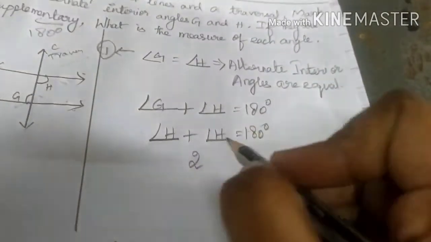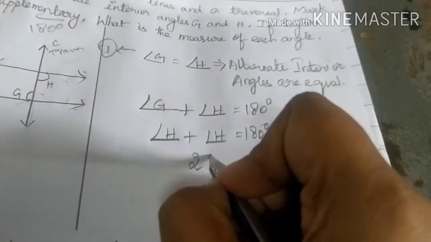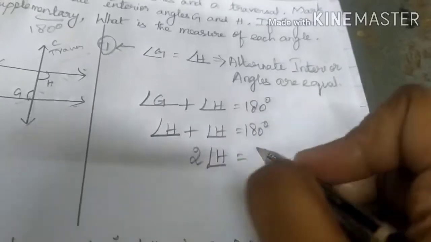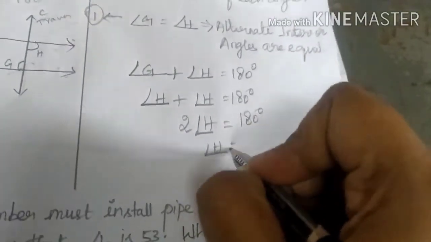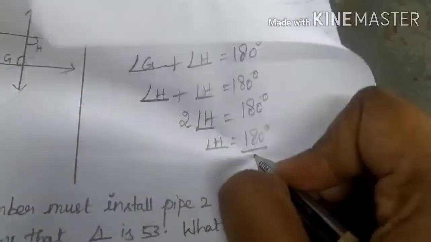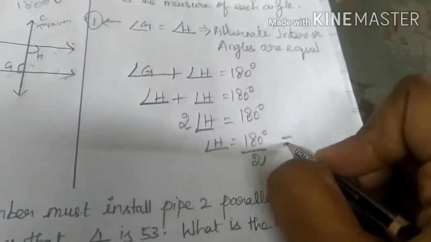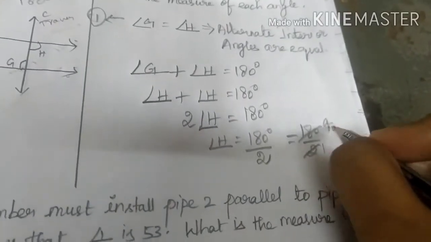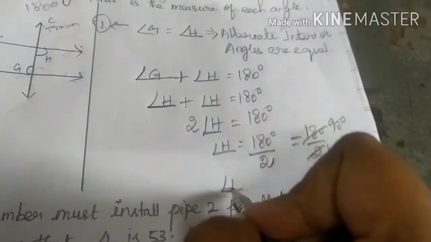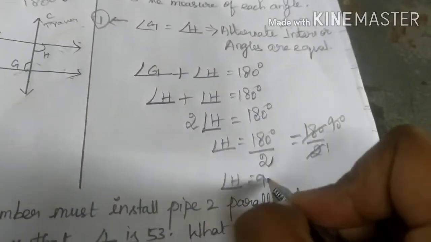Okay, so angle H plus angle H is 2H equal to 180 degree. So angle H equal to 180 degree divided by 2. So 180 divided by 2 is 90 degree. So angle H is 90 degree.